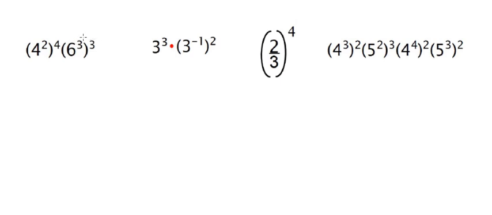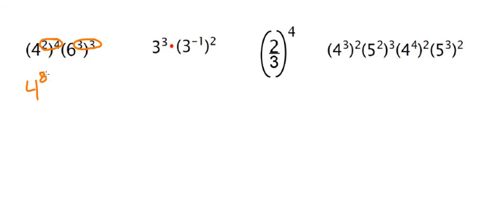So again, I have to start with the power to a power rule, because anytime you see an exponent right next to another exponent like that, that's going to be an indication to you to use power to a power. So to start this problem, I have to use power to a power here, and then I have to use power to a power here. So I end up with 4 to the power of 2 times 4, which is 8.